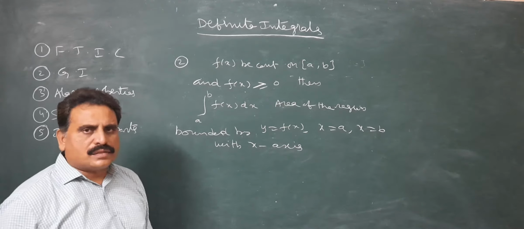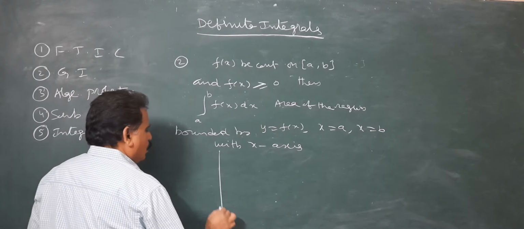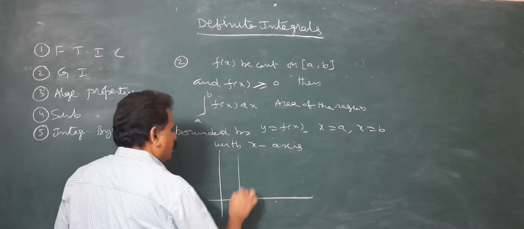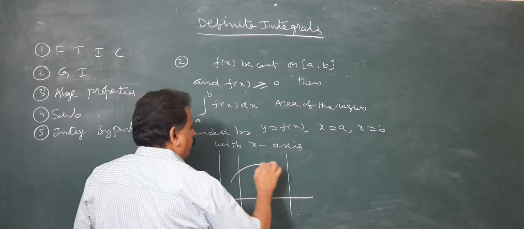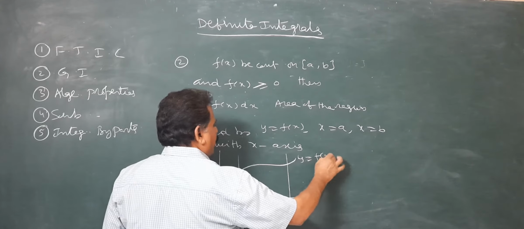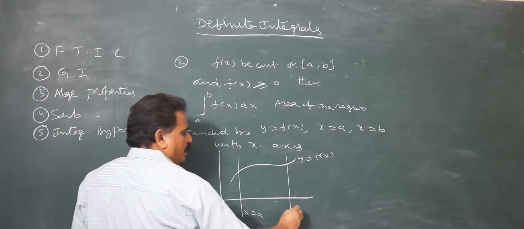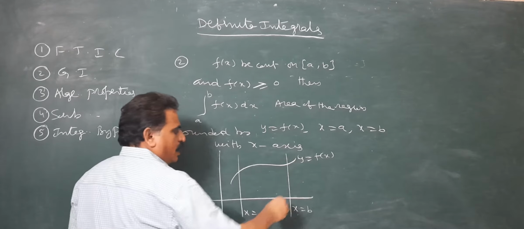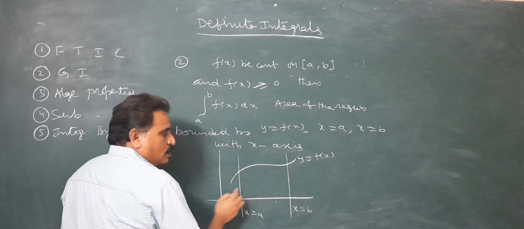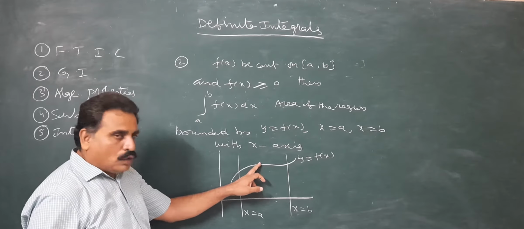These are the boundaries. One boundary is the curve y equal to f of x. It is the line x equal to a, a vertical line. It is the line x equal to b, a vertical line. With the x-axis. Look here, the region contains four boundaries.